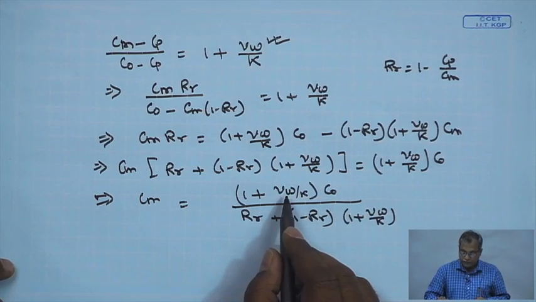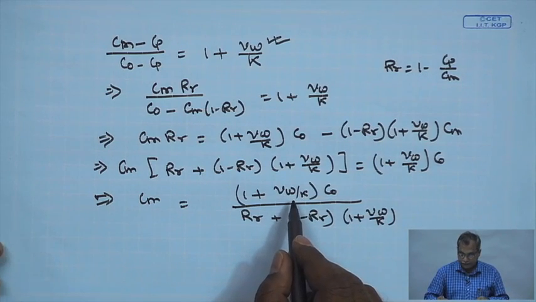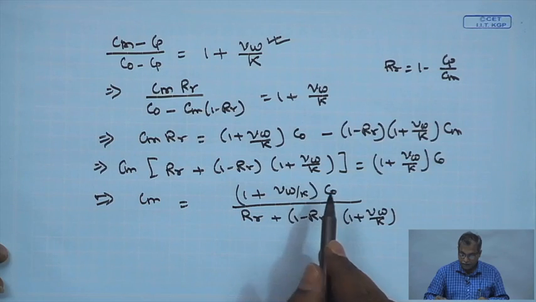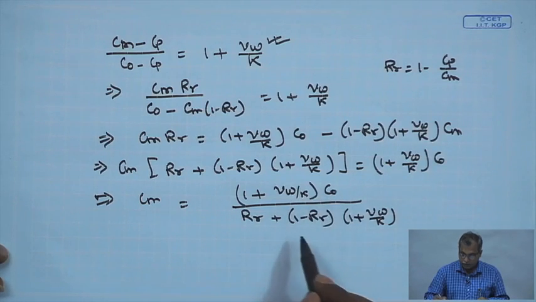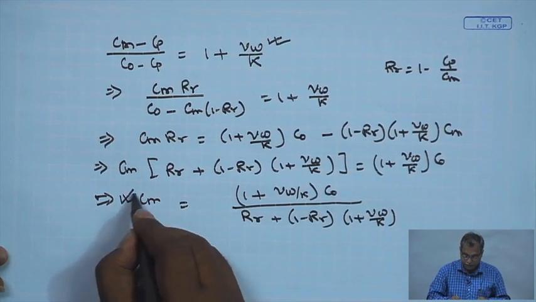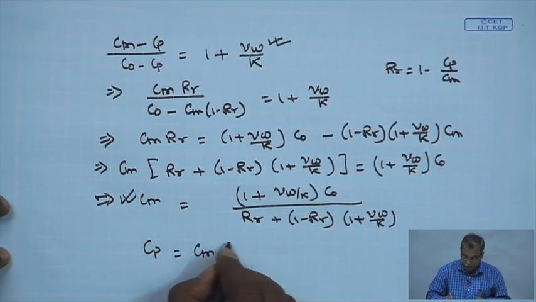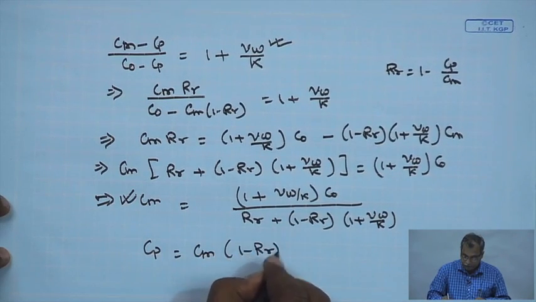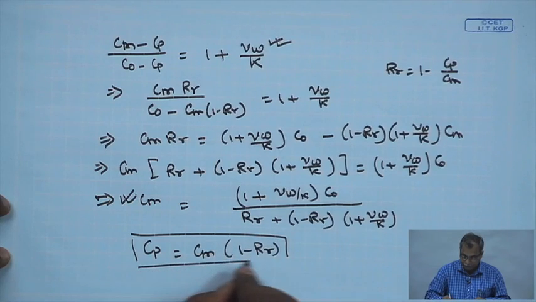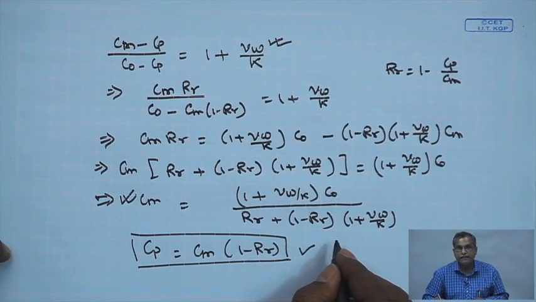Vw we have estimated already as a quadratic only a few minutes back, and k is known to us, C naught is known to us, Rr is known to us, and one can estimate the value of Cm. Once Cm is estimated, then permeate concentration can be estimated as well through the definition of real retention. So, we can have an independent system prediction in terms of permeate concentration and permeate flux for a low polarization case.